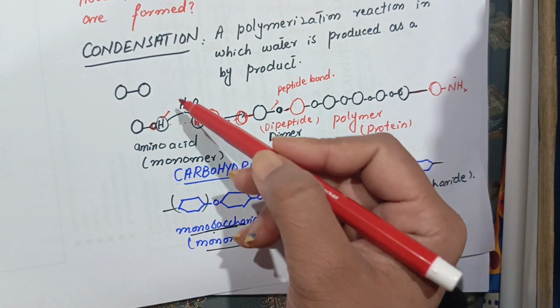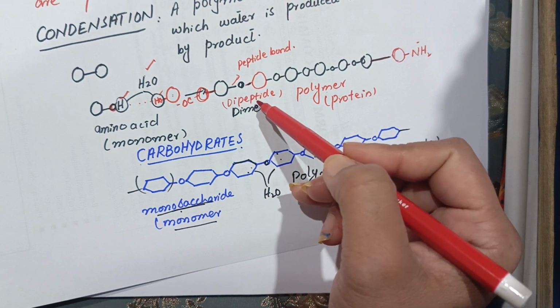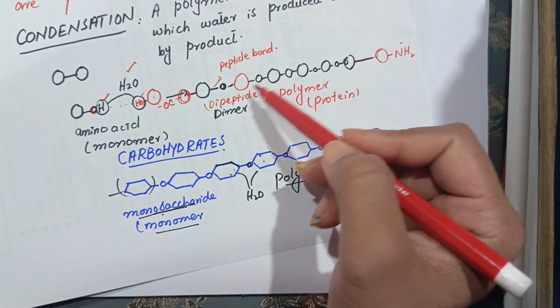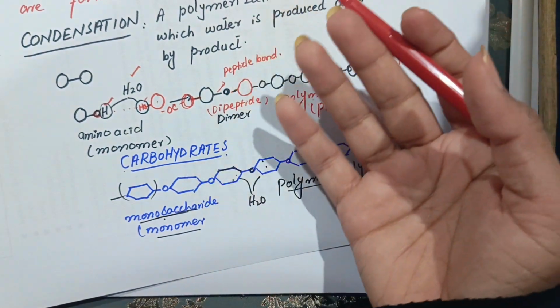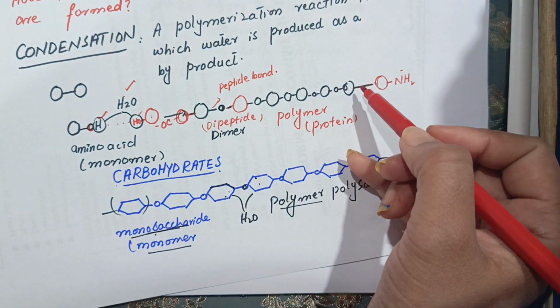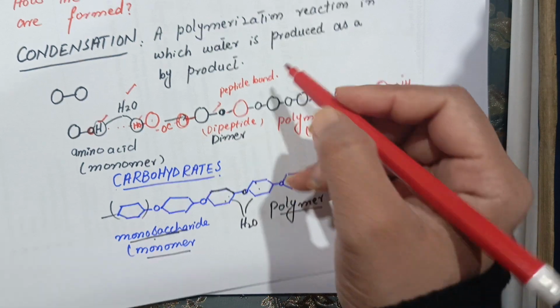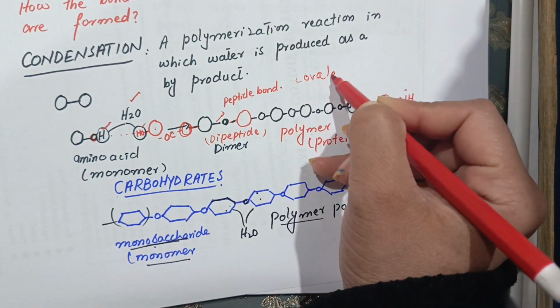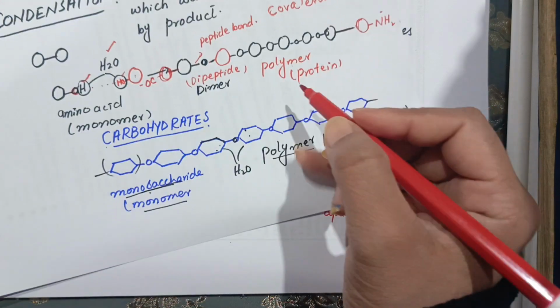These two monomers combine together with the removal of a water molecule and form the dimer. Then a third monomer combines, it will be the trimer, and so on: dimer, trimer, tetramer, pentamer, etc. Like this, thousands of monomers link together by covalent bonds and form larger and larger molecules that we call polymers.